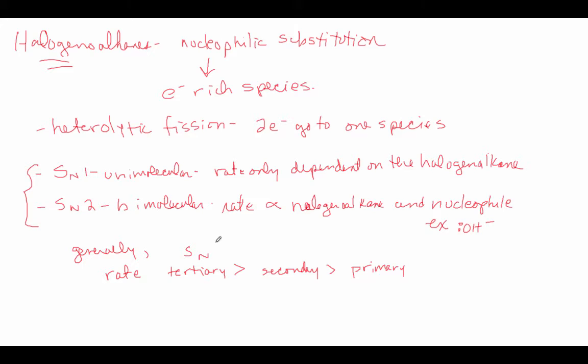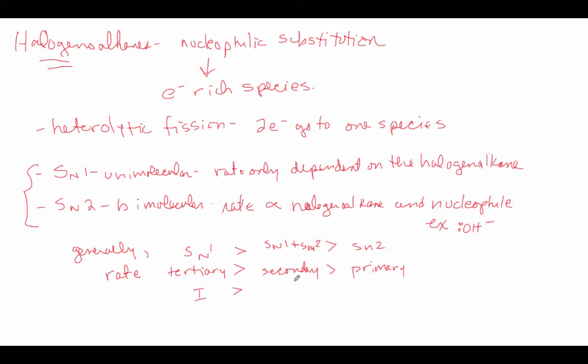Speaking about mechanisms, Sn1 is faster than a combination of Sn1 and Sn2, which is faster than just an Sn2, which happens primarily with a primary halogenoalkane.